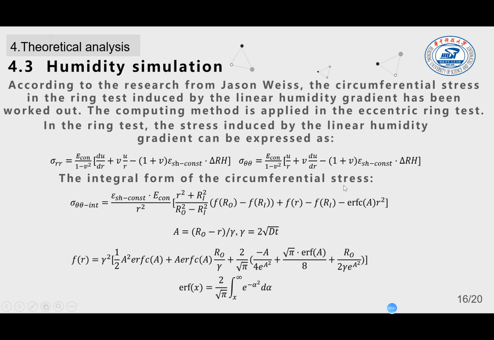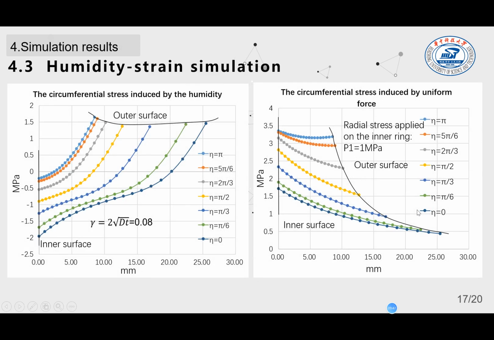The integral form of the circumferential stress is this equation. If we use such a method in the eccentric ring test, we can get the circumferential stress induced by the linear humidity gradient shown in this figure.